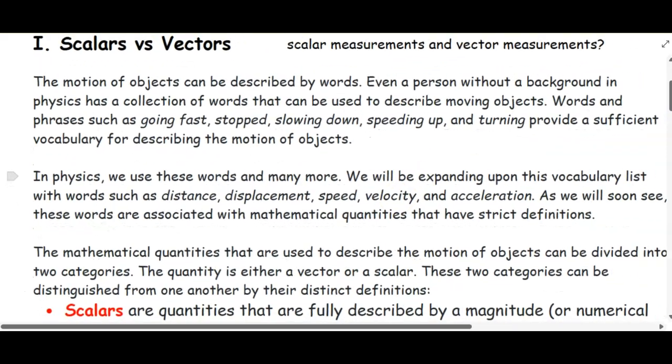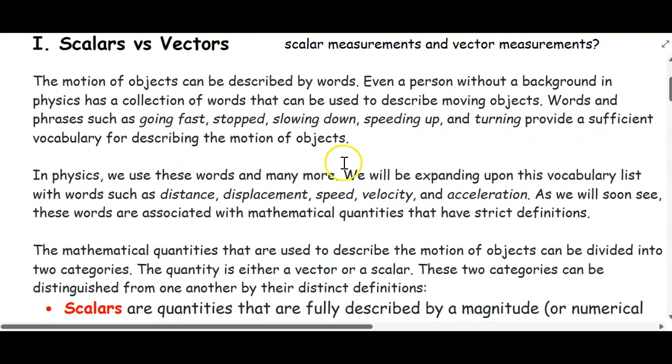So the motion of objects can be described by words. Even a person without a background in physics has a collection of words used to describe motion, right? Like going fast, stopped, slowing down, speeding up, turning, provide a sufficient vocabulary for describing the motion of objects. So let's talk about those again. Even a person without a background in physics has a collection of words they use to describe moving objects.